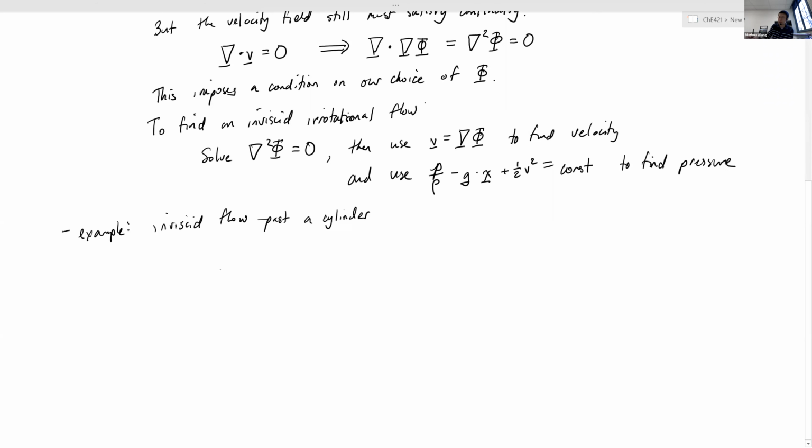The idea here is we have a cylinder, so this is going to be a 2D flow. I think in the homework, we're going to ask you to look at what happens when we have flow past a sphere. But here we have some sort of fluid flowing past a cylinder. It has a speed of u, okay? And the cylinder has a radius of a. Okay.